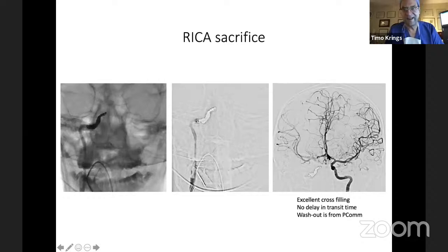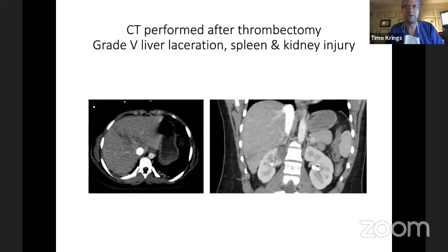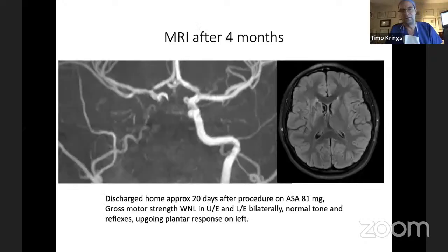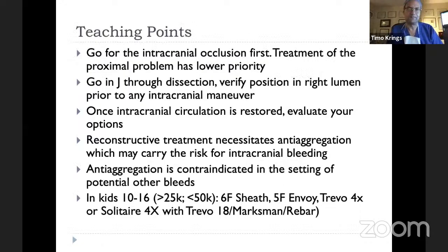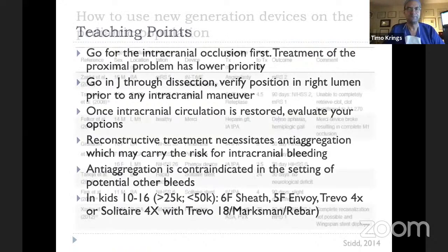The patient had excellent collateralization, had no symptoms at all, and the clot that would have just waited to go up and make another stroke could not go up here. And this was the right choice in this patient. And actually, she did very well on exam. So these are the teaching points in this case here.